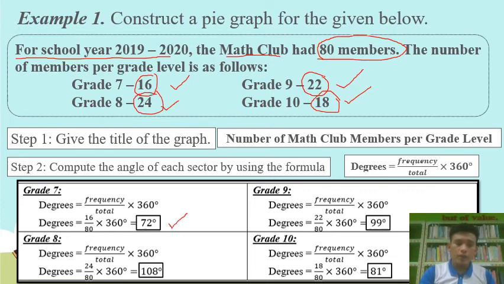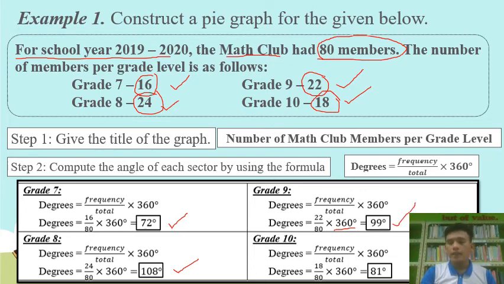For grade 8, 24 members over 80 total members times 360, that will be 108 degrees. You can use your calculator for this one. 22 members for grade 9 over the total members, which is 80, times 360 degrees, that will be 99 degrees.